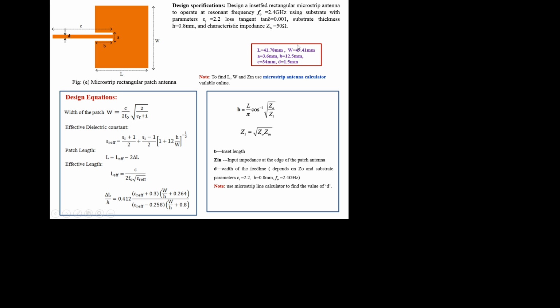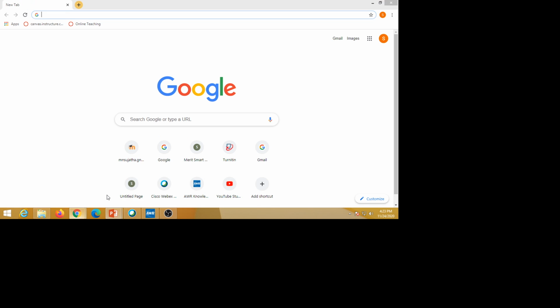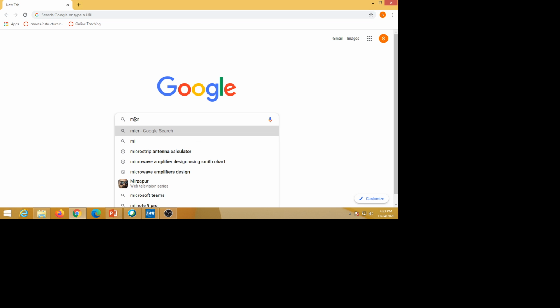The online calculator is available. You can go online and search for microstrip antenna calculator. So this is a microstrip antenna calculator, not a microstrip line calculator.